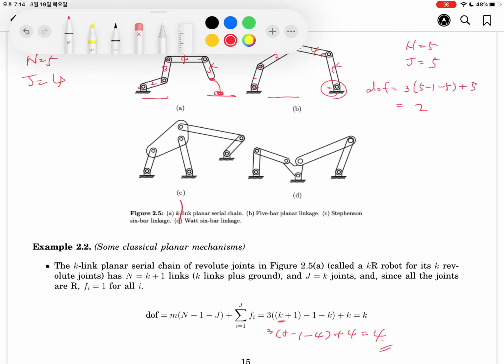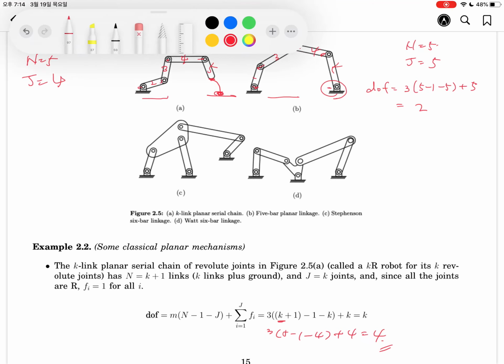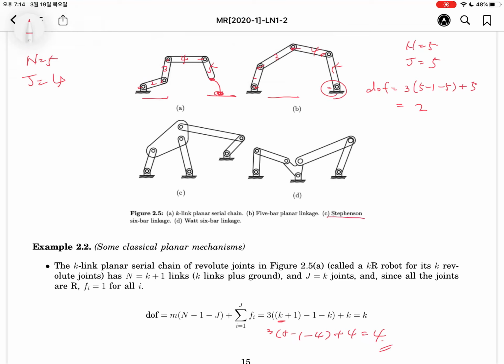This kind of mechanism is called Stephenson's six-bar linkage. Okay, let's count the number of links: 1, 2, 3, 4, 5, 6. n must be 6.